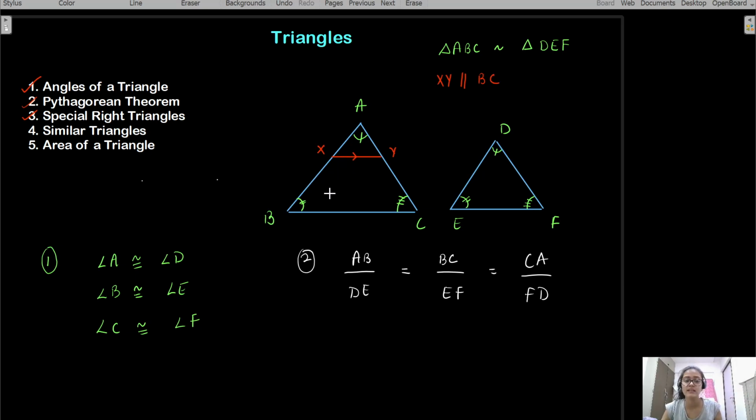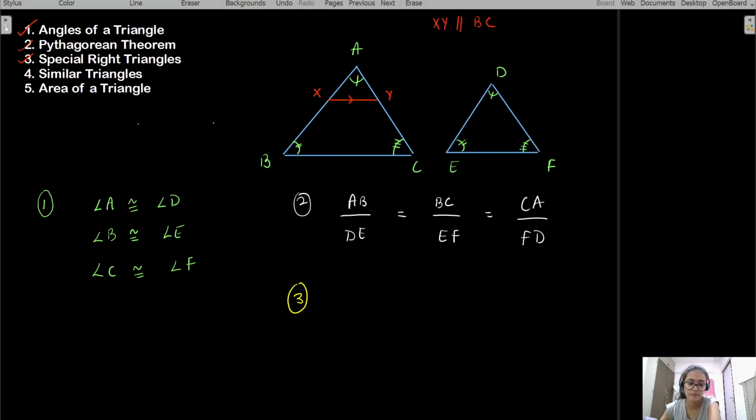In this case, XY divides the two sides proportionally. The line segment XY is dividing the line segments AB and AC proportionally. You have to let me know in the comments how it is happening. So the third concept is, first I'm going to write it down: XY divides AB and AC proportionally.